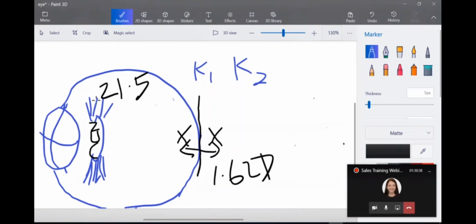Okay, so if you think about the cornea power here and the IOL power here, that means one of the K values, the steeper one, plus 21.5 diopters is too much power. Sorry, this one is steeper.